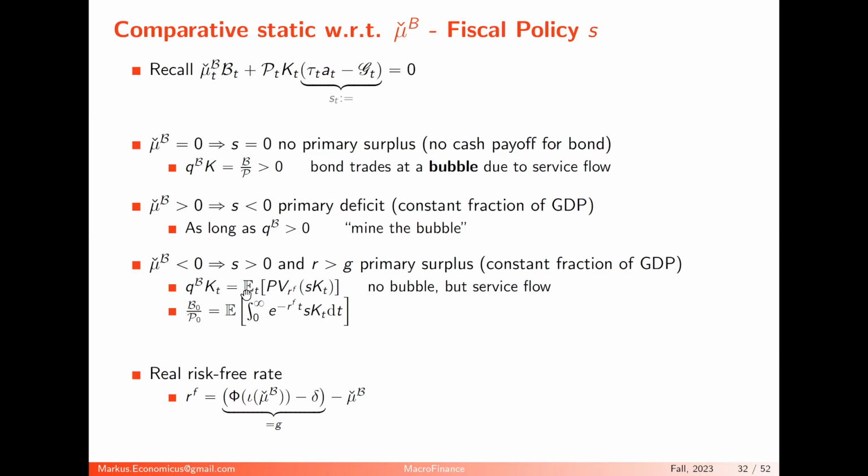So mu b is negative, so it buys back the bonds and destroys them. So the real return on the government bond is high, higher than the growth rate of the economy, and so you get the traditional FTPL equation. The real value of the government bonds is the discounted primary surpluses. Little s is primary surplus per unit of K, times K is the primary surplus. That's just the standard FTPL equation.